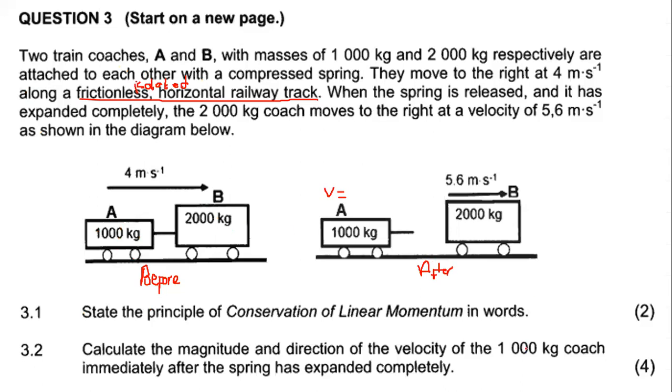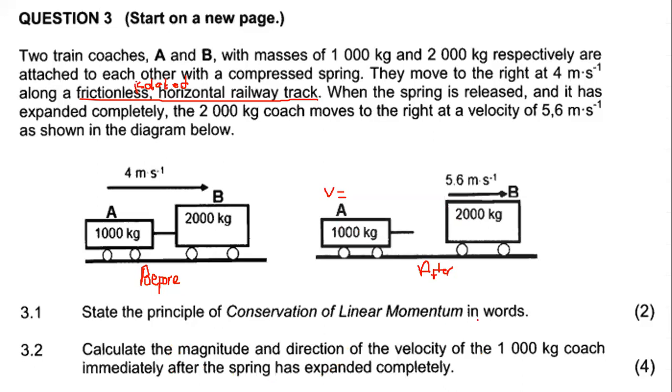After the explosion, A has separated from B and they are moving as two different objects, no longer a system like before, and therefore each will have its own velocity.